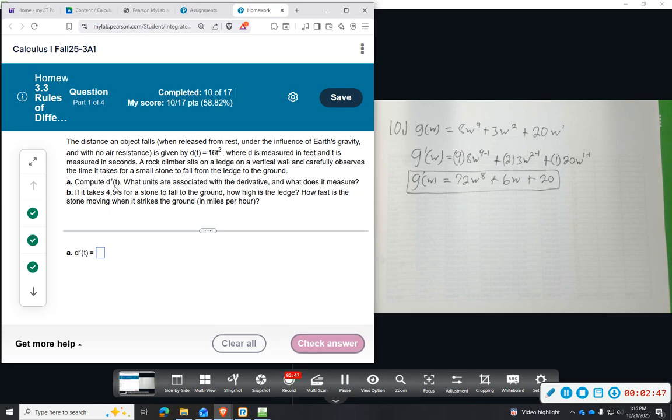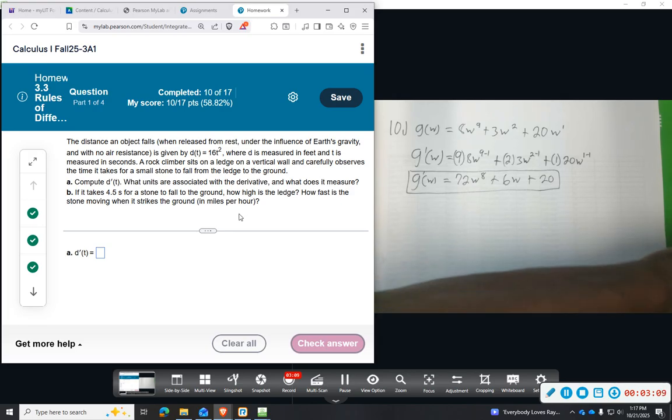We're going to compute D prime, and then what units are associated with the derivative and what does it measure, and then if it takes 4.5 seconds for the stone to hit the ground, how high is the ledge, and then how fast was the stone moving when it strikes the ground in miles per hour.